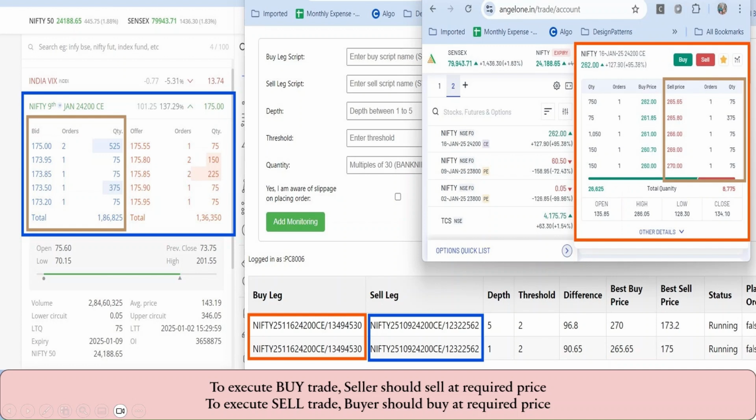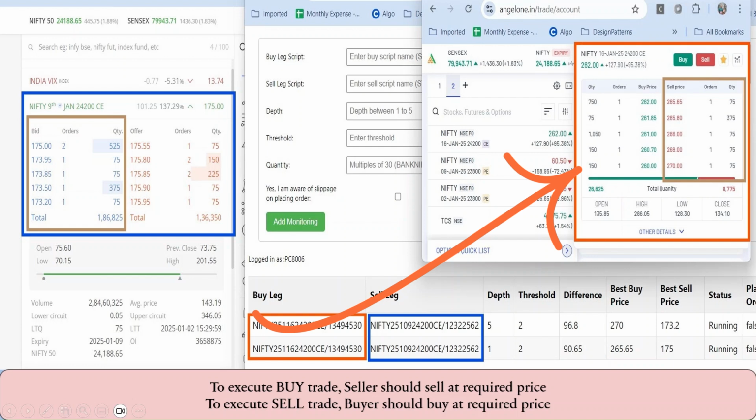To execute a buy leg, the seller should be available and they should sell at the right price which you are expecting. To execute a sell trade, the buyer should buy at the required price that you are looking at. That is the basic thing we have to look at before we execute any trade. When you really look at it, the orange border is a buy leg, which I am showing in Angel One.